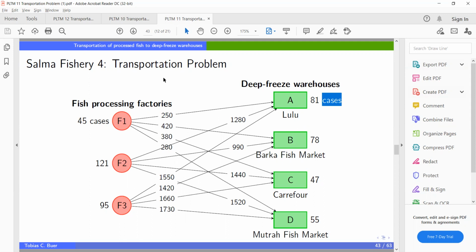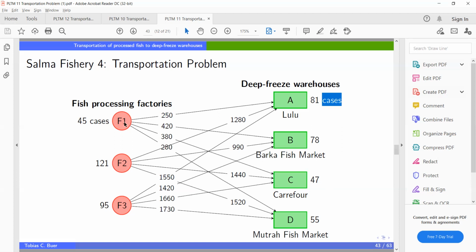And now we need to decide how to fulfill the customer demand of these green customers on the right side, so that the total transportation costs are as small as possible. We want to minimize the total transportation costs and fulfill the demand of our customers.